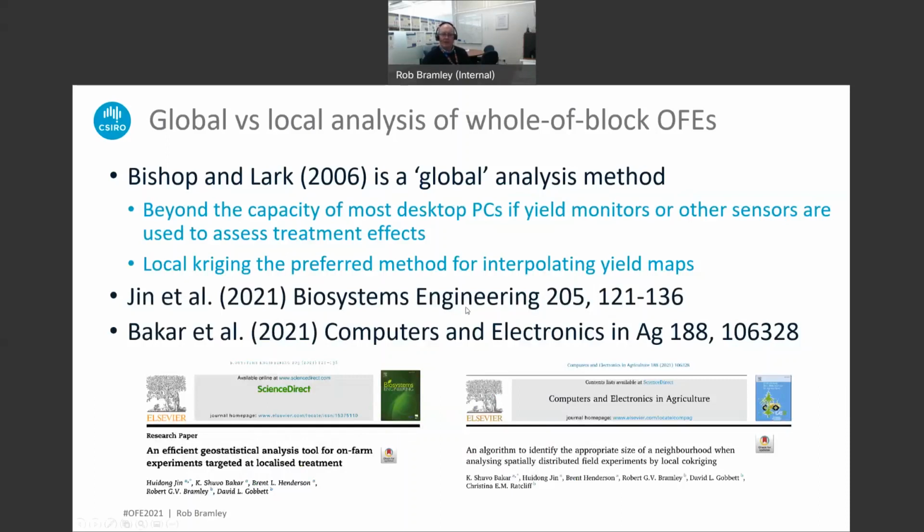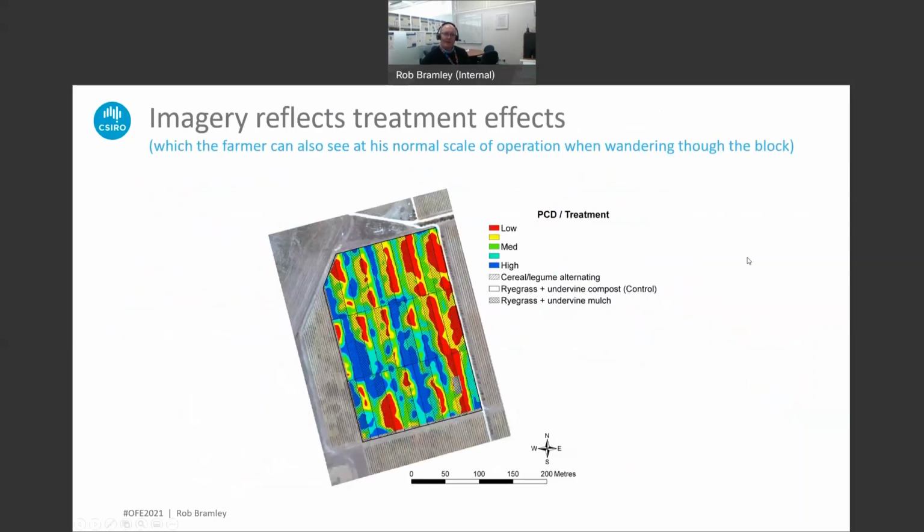So I just draw your attention to two recent advancements that facilitate that. We have Warren Jin's paper that uses a local co-kriging method to do those experimental analyses, underpinned by Shuvo Bakar's method for determining the size of a neighborhood for doing that local analysis. Of course, the grower doesn't really care about any of that.